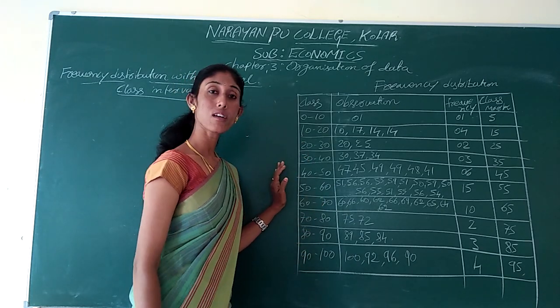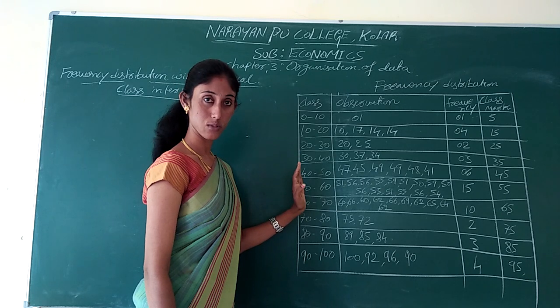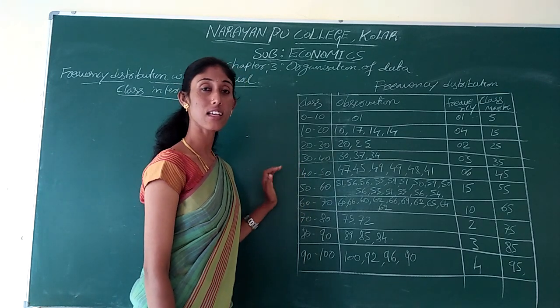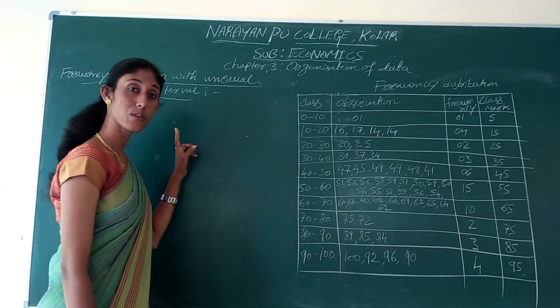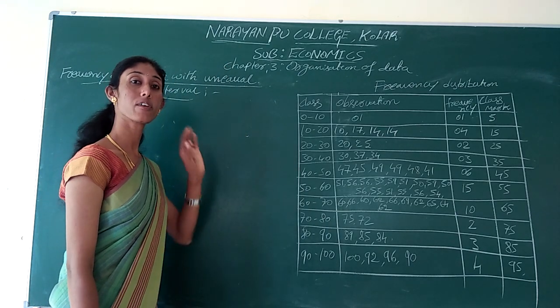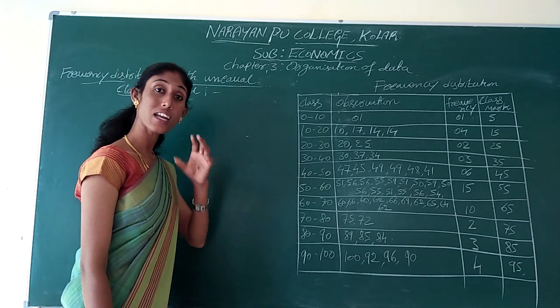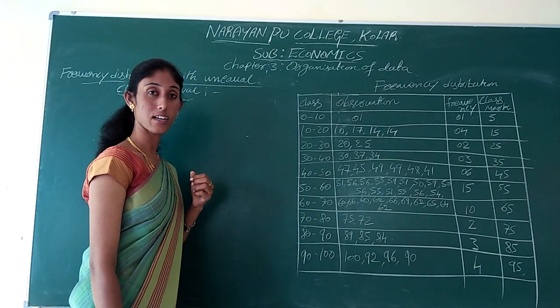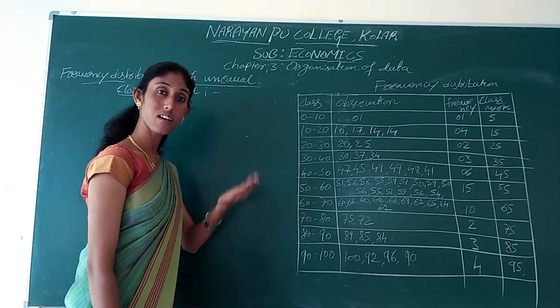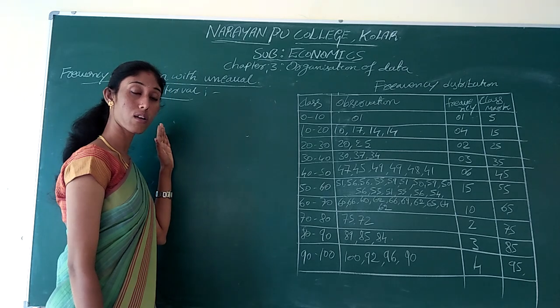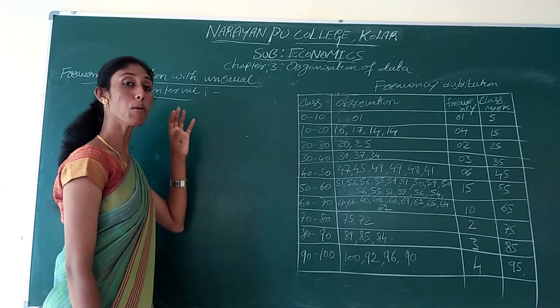That's why, compared to equal class interval, sometimes in some data the unequal class interval will be more suitable for the frequency distribution.